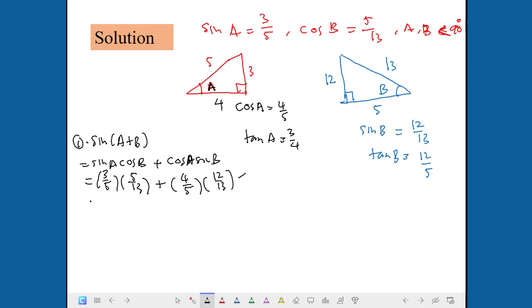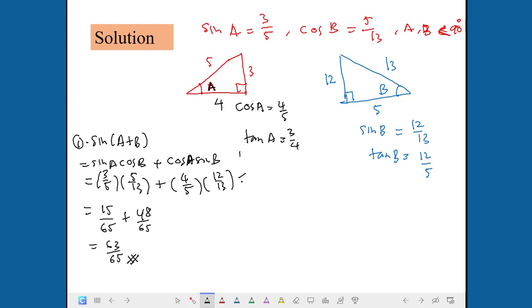Important step: 15 over 65 plus 48 over 65. Then add these: 63 over 65.